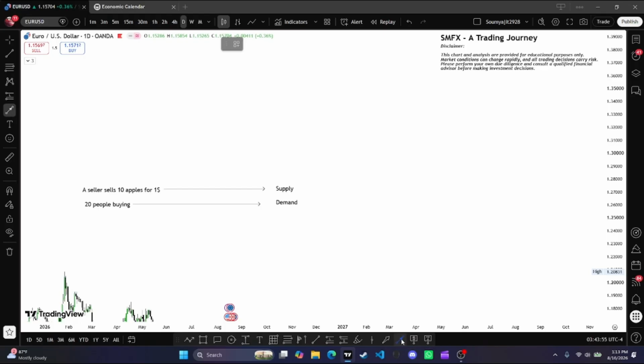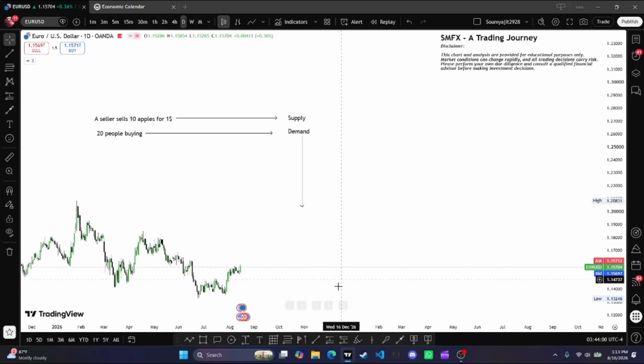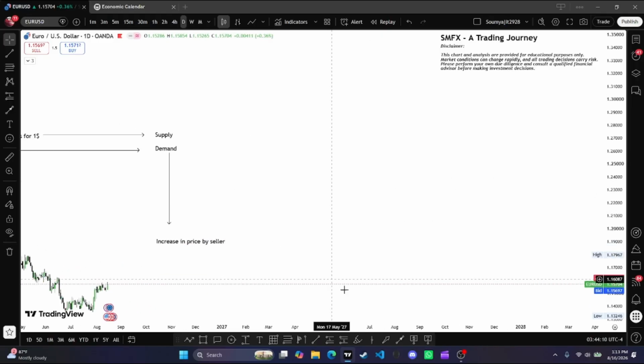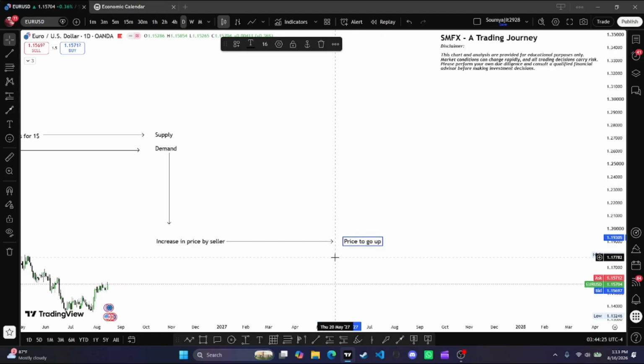Increased number of demand will cause an increase in price by the seller, and this will cause the price to go up. So this thing will happen.